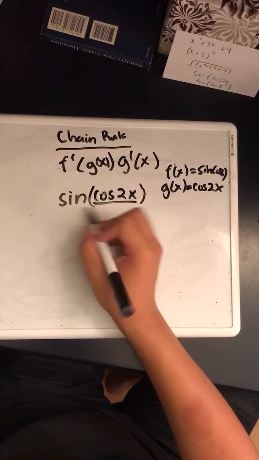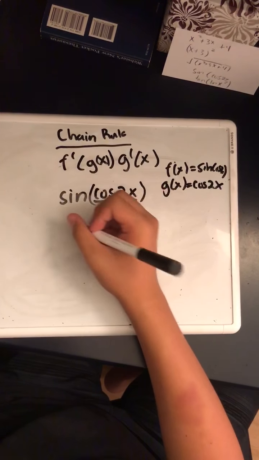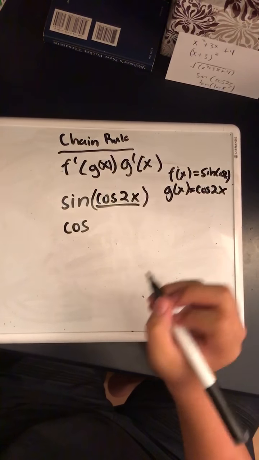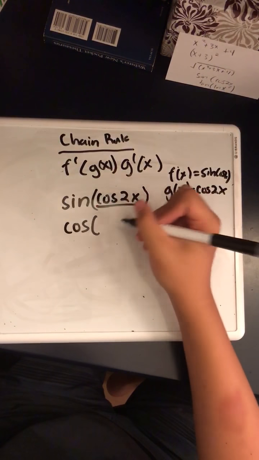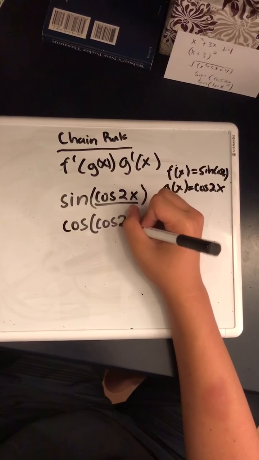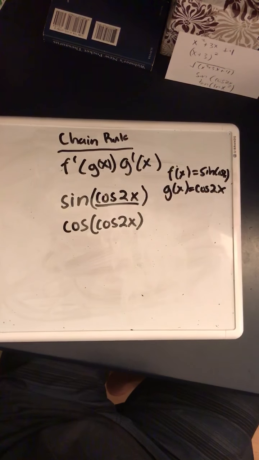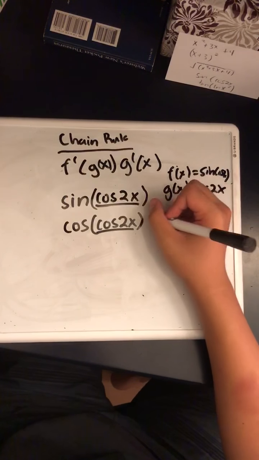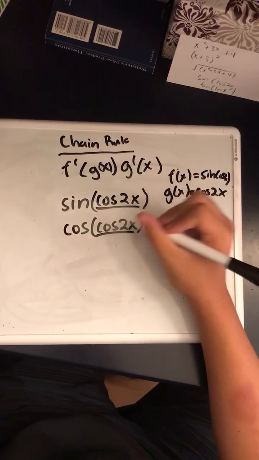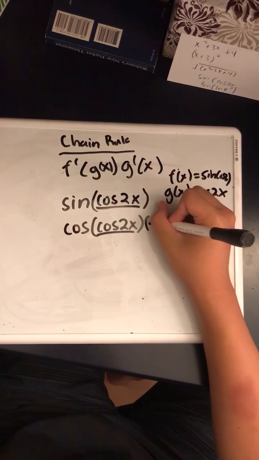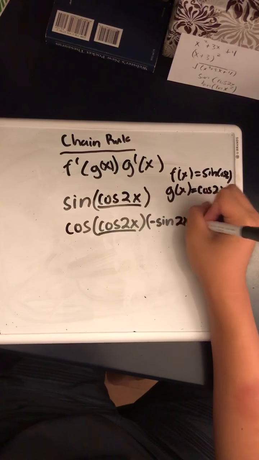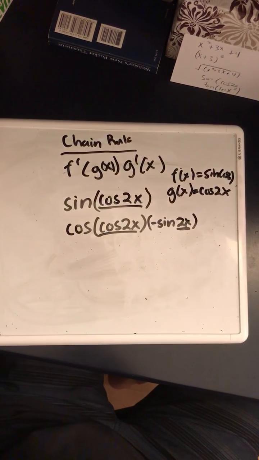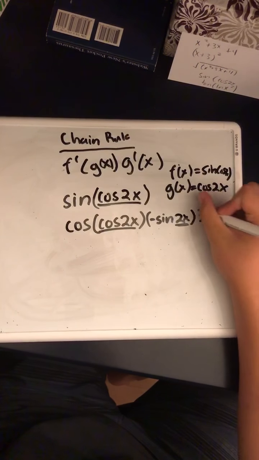So we find the derivative of the outside, which is going to be the derivative of sine, which is cosine. And we keep g of x inside the same. It's going to be cosine 2x. And then we find the derivative of the inside. So the derivative of cosine is going to be negative sine 2x. But we're not done yet because we still have to find the derivative of the inside right here as well, which is going to be 2.